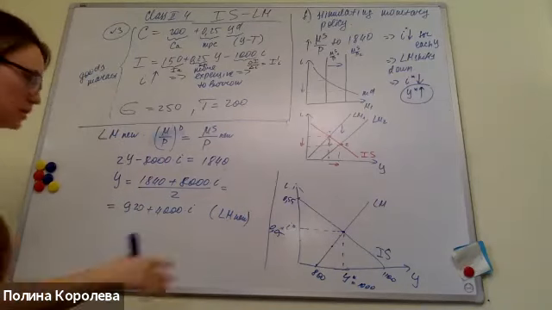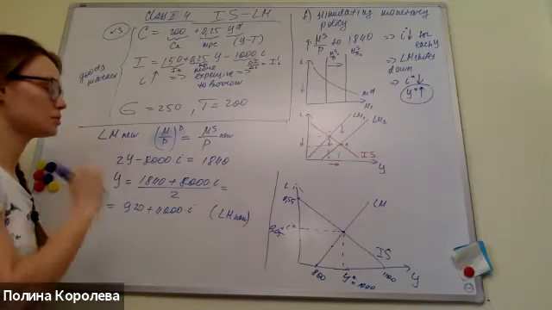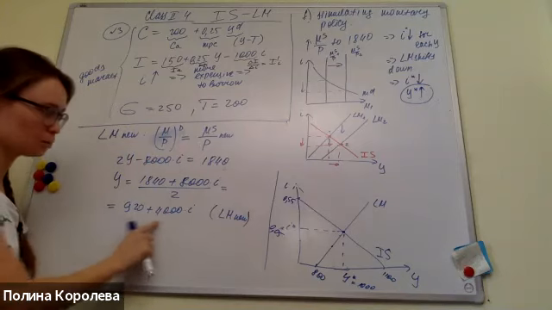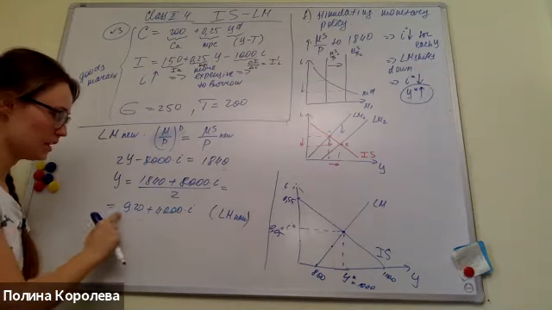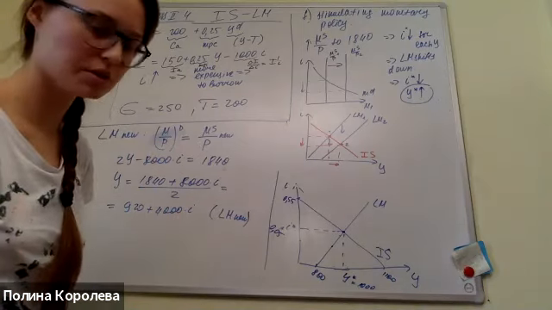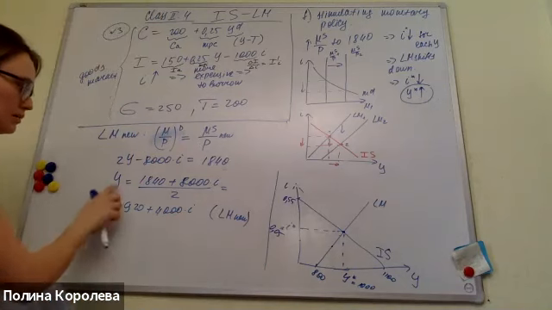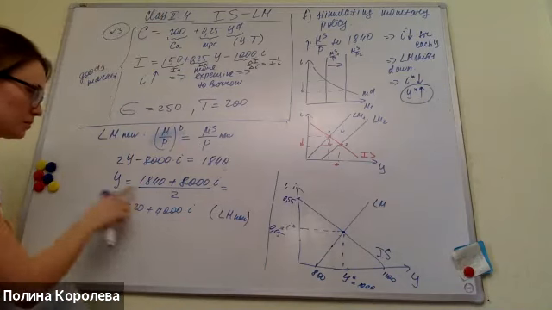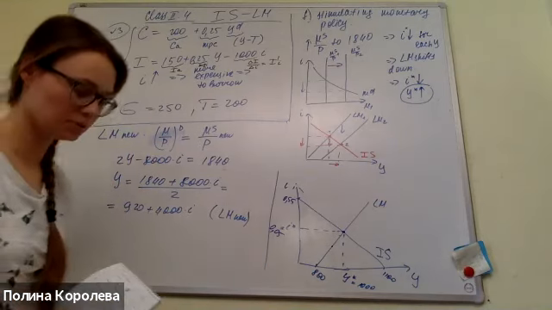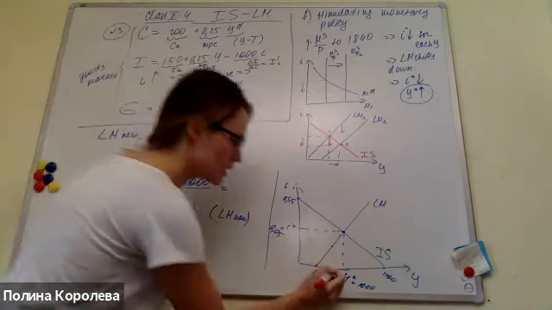Before changing the money supply, we had 800 here. The slope is the same, 4,000. We had 800, now we have 920. And we can draw it on the graph. If the interest rate is equal to 0, new GDP is equal to 920. So we start from 920 with the same slope.